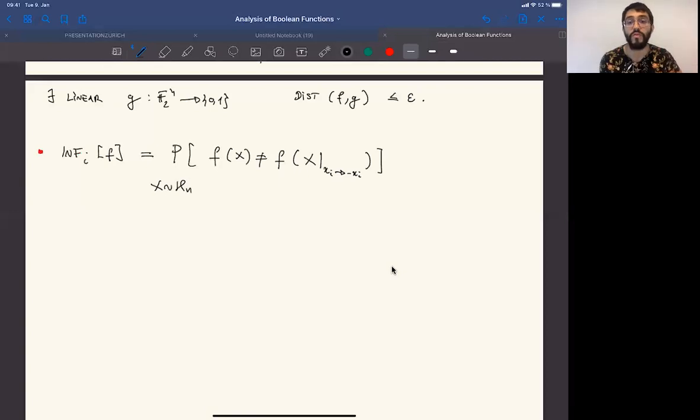So you want to know the probability that the value of the function changes. So you take the variable x_i, you flip it to the opposite sign, and you measure the probability of this change.